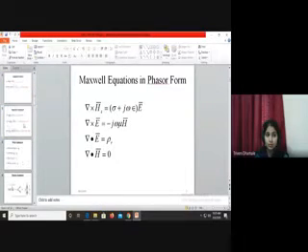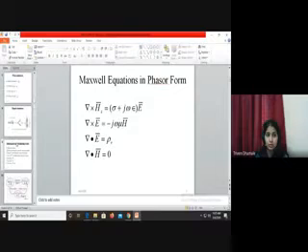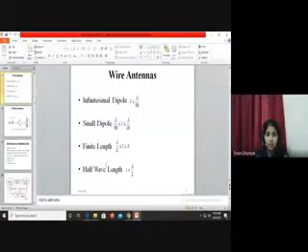Now we will go through antennas first. Listen, students, the first basic antenna is the wire antenna.